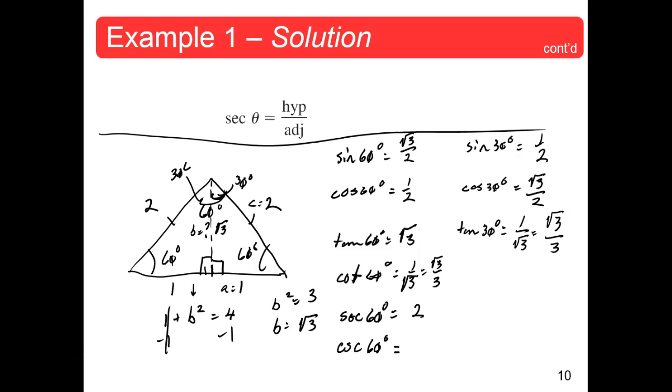Yeah, hypotenuse over opposite, which would be 2 over square root of 3. If you don't like the square root of 3 down there, what would that become? 2 root 3 over 3. Perfect. And since you went this far, we're going to have to do it again. What is cotangent of 30?